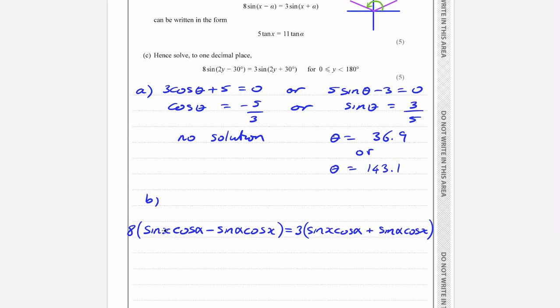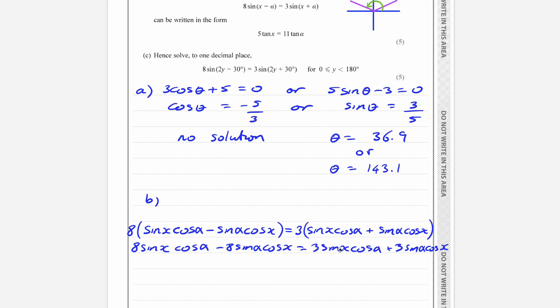Let's multiply this out. So this is going to be 8 sine x cos alpha minus 8 sine alpha cos x equals 3 sine x cos alpha plus 3 sine alpha cos x.